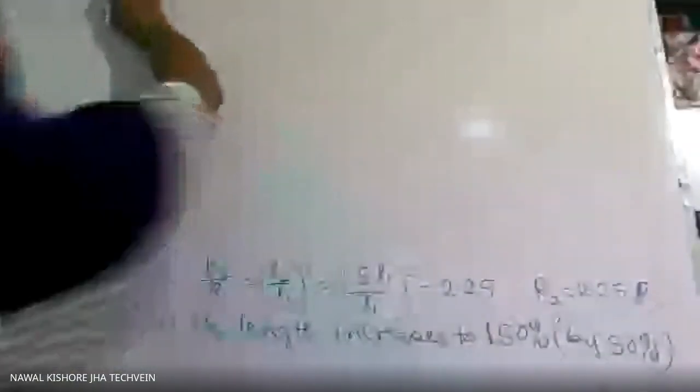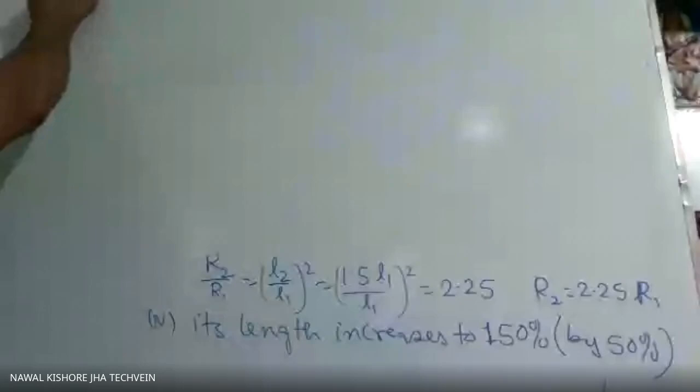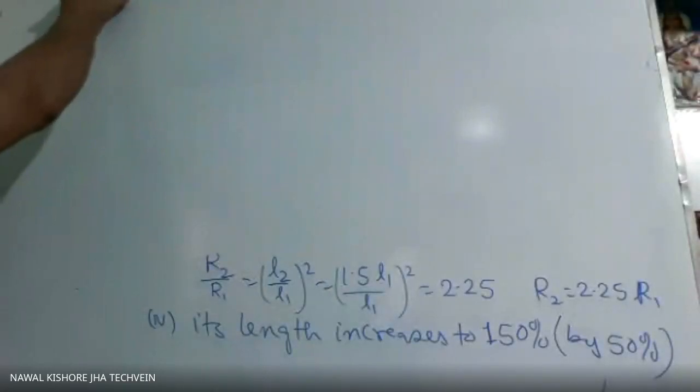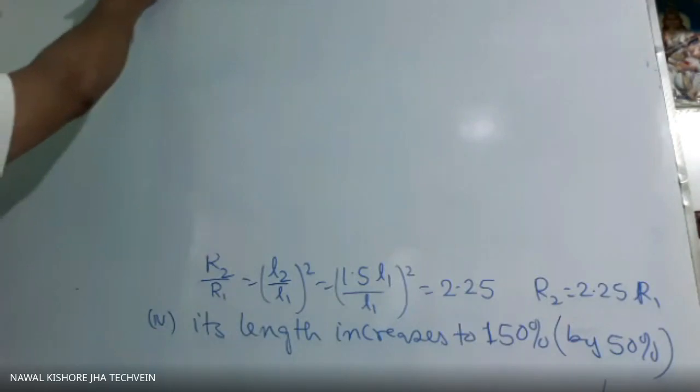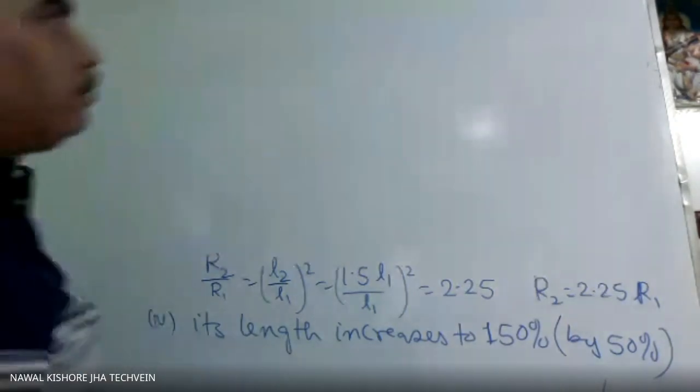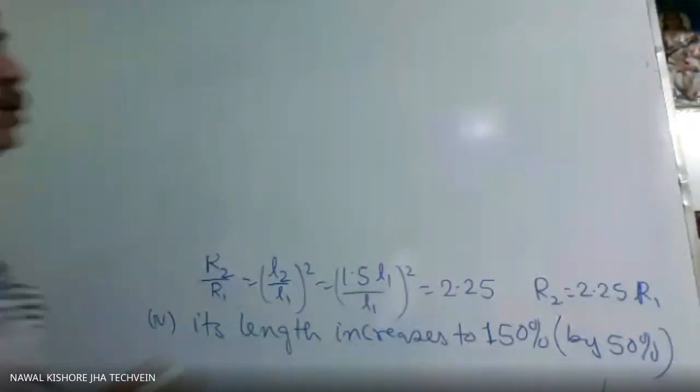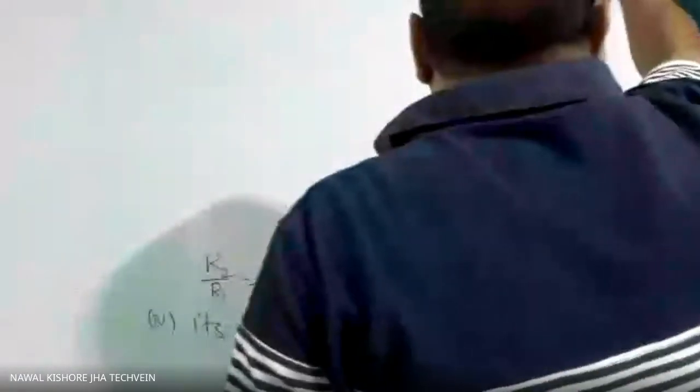What is the resistance of the copper wire? The resistance of copper wire of length 5 meter, area of cross section 2 millimeter square is 0.5.